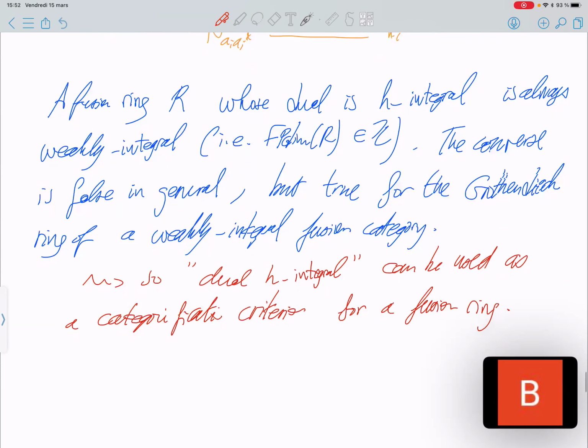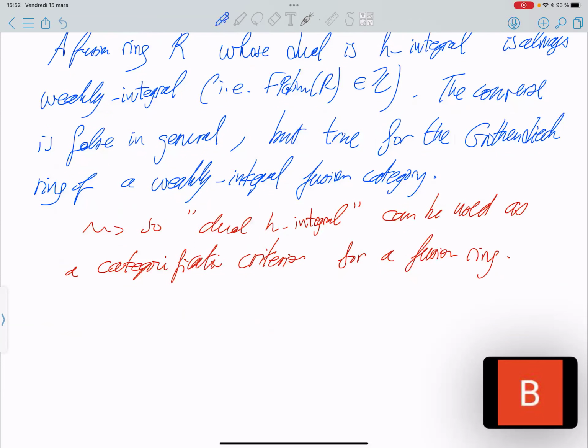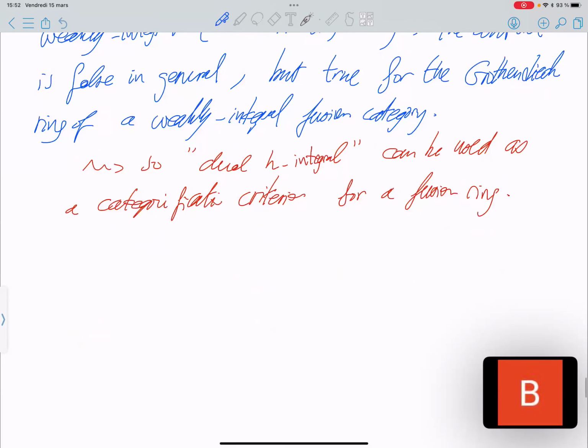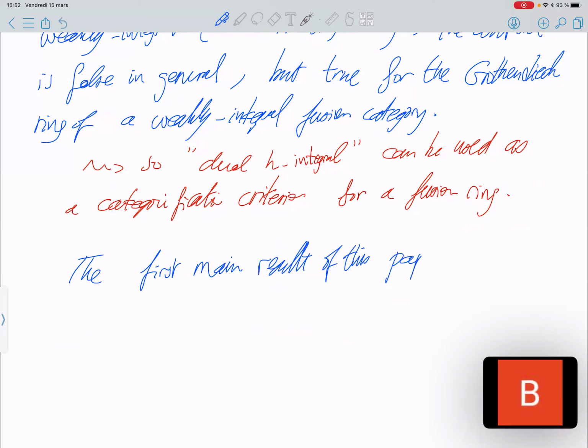So for commutative fusion ring, and in fact, during the course, we will state something a little bit more general at the level of hypergroup. So the first main result of this paper is the following.